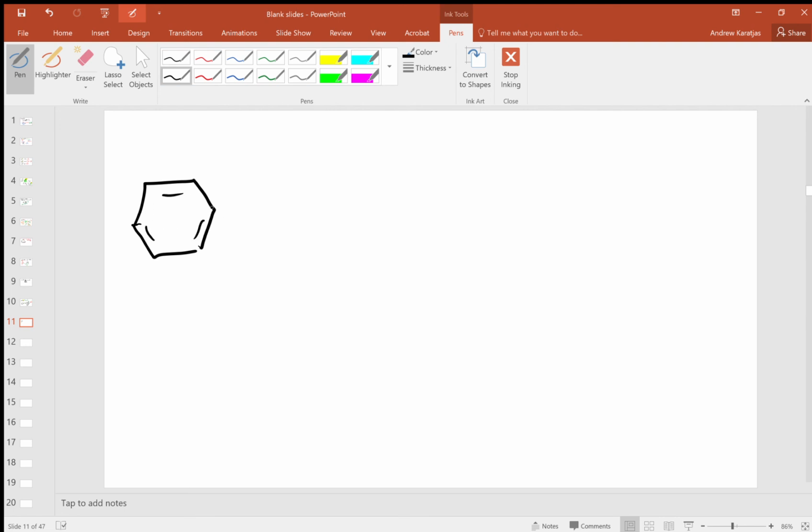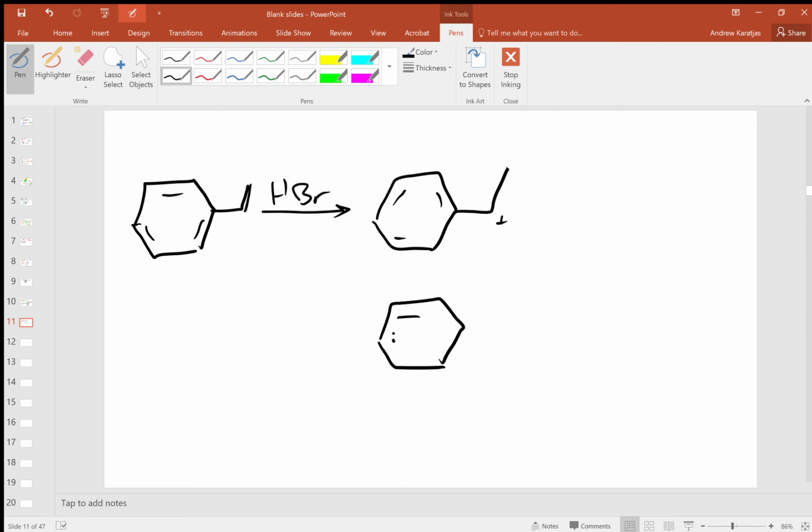is if you start with something like styrene, you form a carbocation here, which then could get attacked by another alkene.